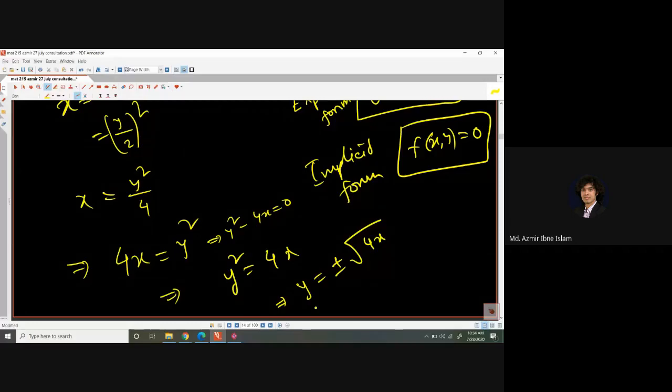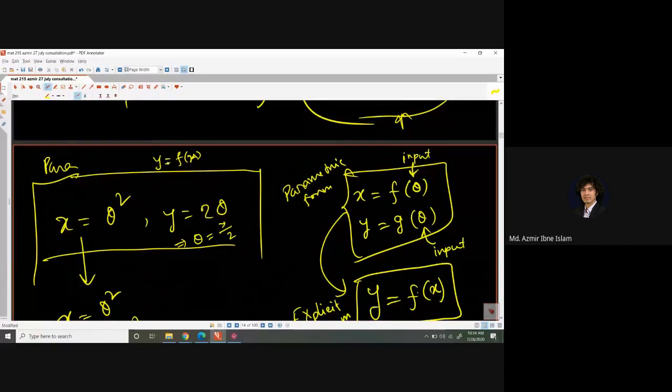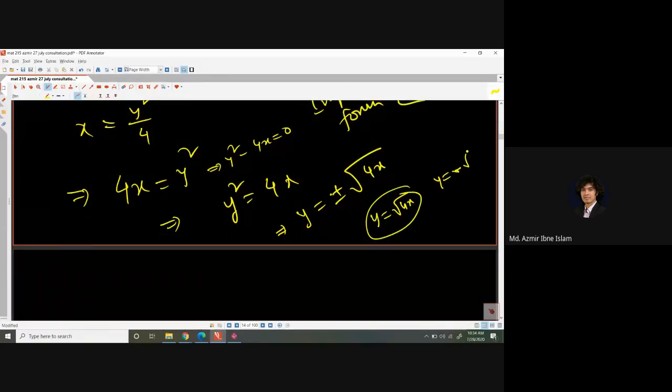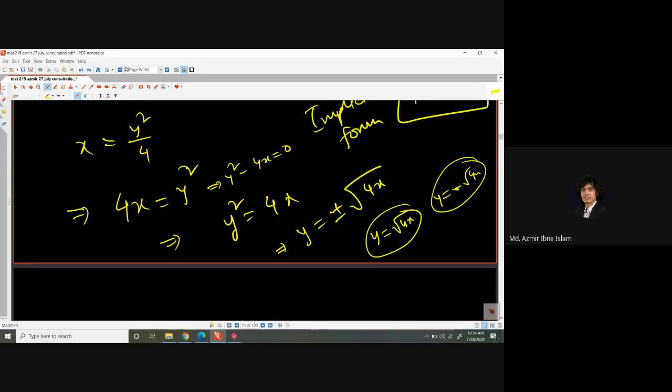Is that okay? So we can see we have figured out y equal to f of x in this form, from x equal to theta squared, y equal to 2 theta. So actually here y equal to positive root over x is a function, y equal to negative root over x is another function, but combined it is not a function. Okay, it is just a relation. So I'm not going into details of what the definition of function is. Remember, for one input there will be only one output.